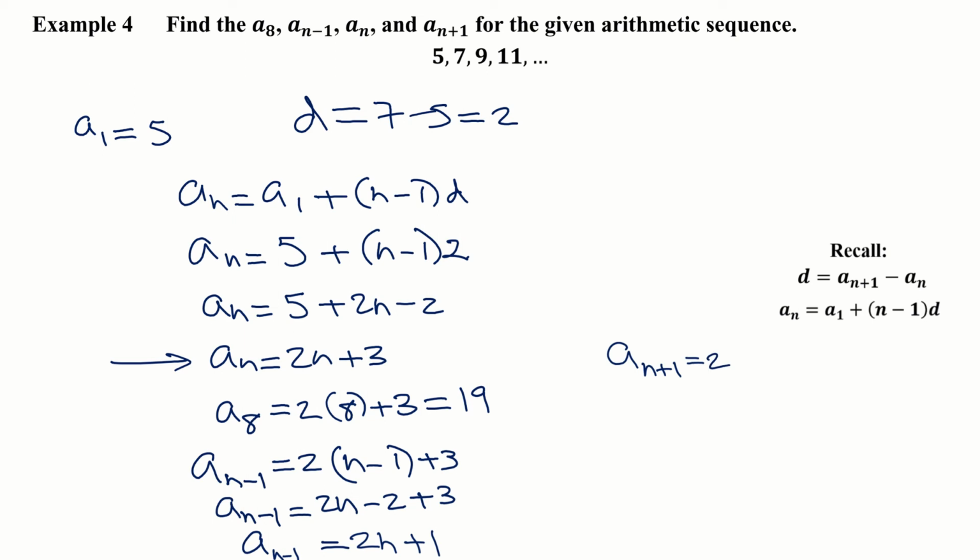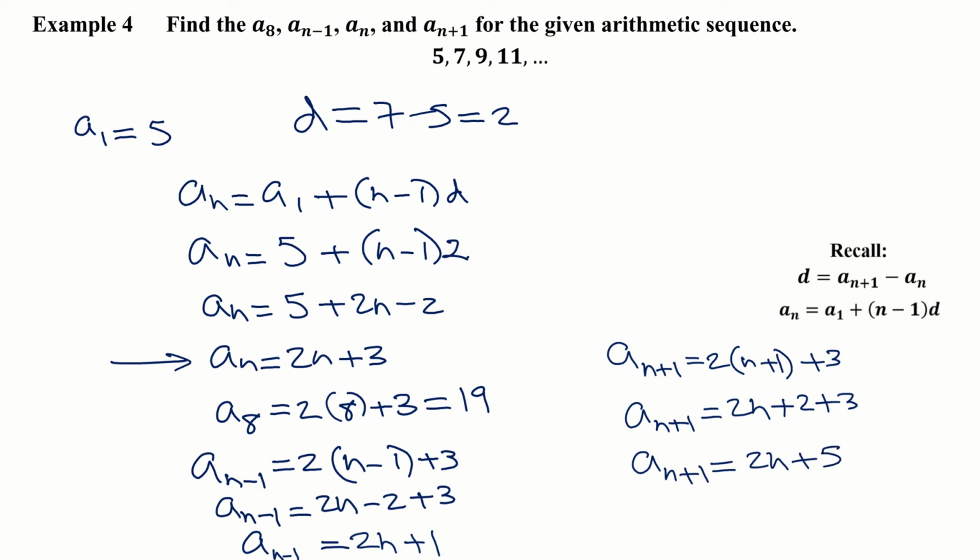So we get 2 times n plus 1 plus 3. So we get An plus 1 equals 2n plus 2 plus 3. So we end up with, finally, An plus 1 equals 2n plus 5.